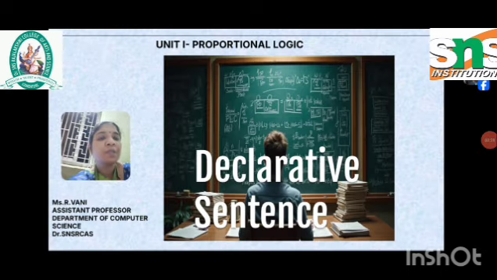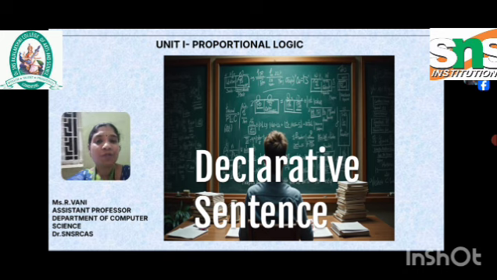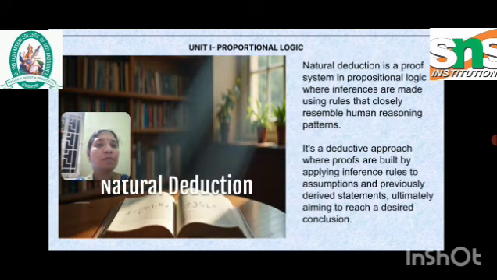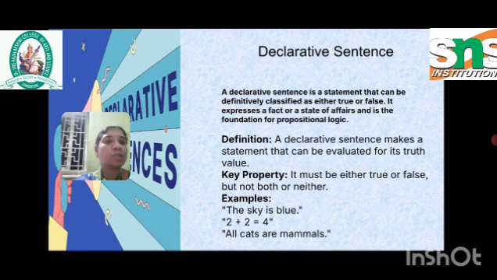the next types of propositions, we are going to see declarative sentence. Let's see what is a declarative sentence. A declarative sentence is a statement that can be either true or false.